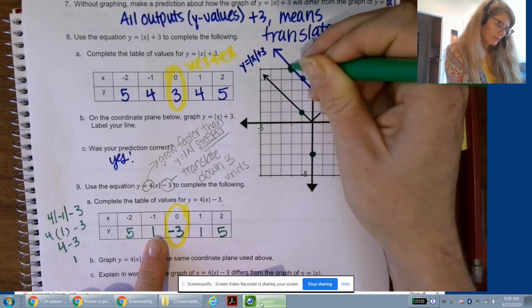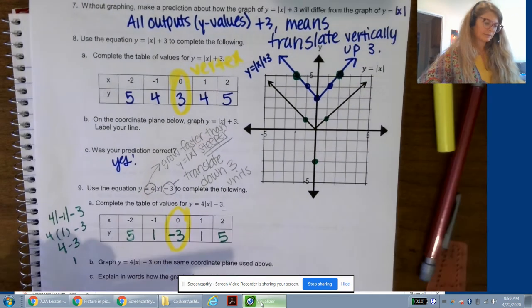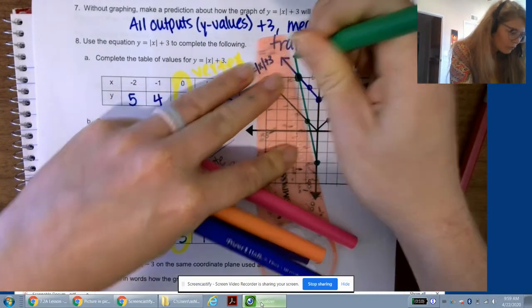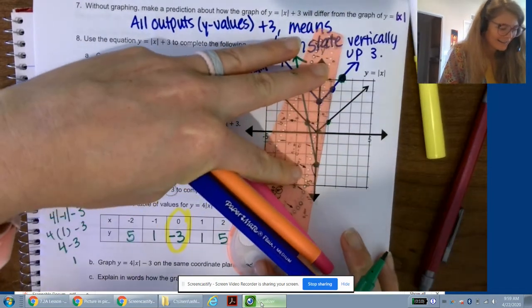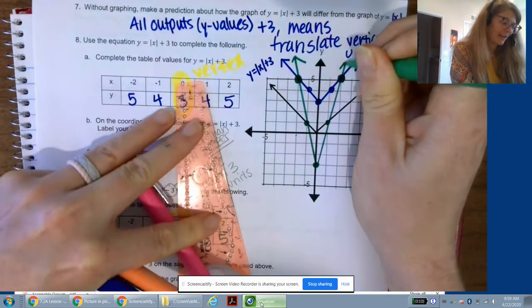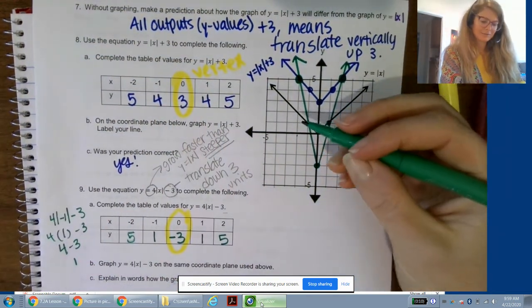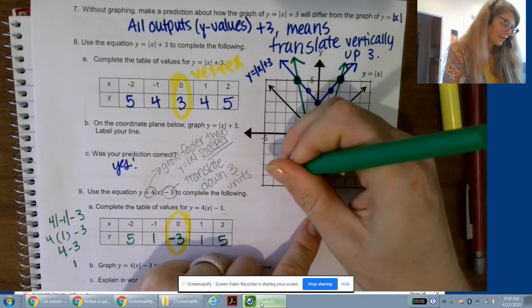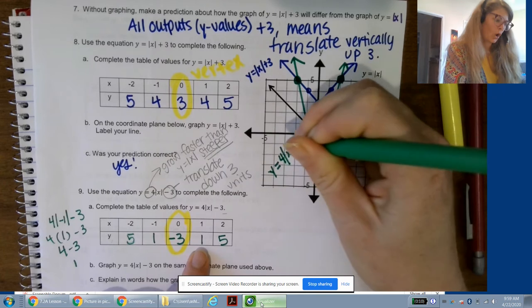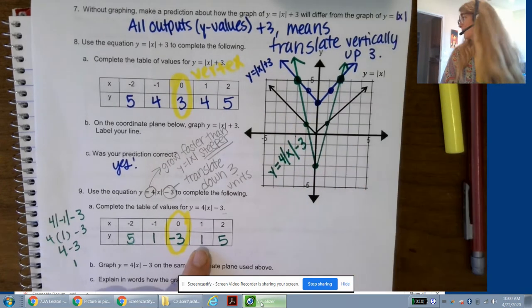Wow, it's growing just so incredibly fast. So then this one is y equals 4, growing so fast, multiplying by 4, times the absolute value of x, minus 3.